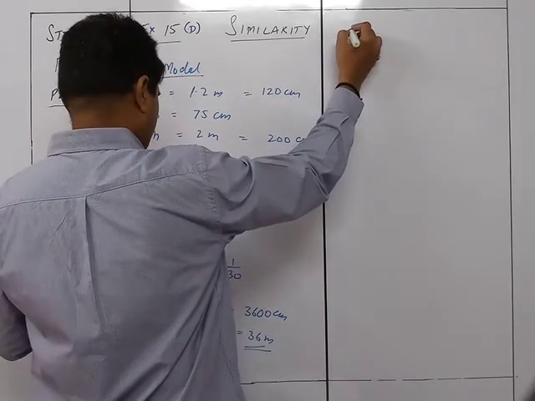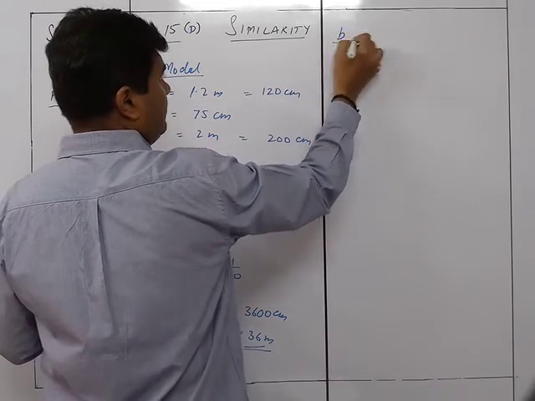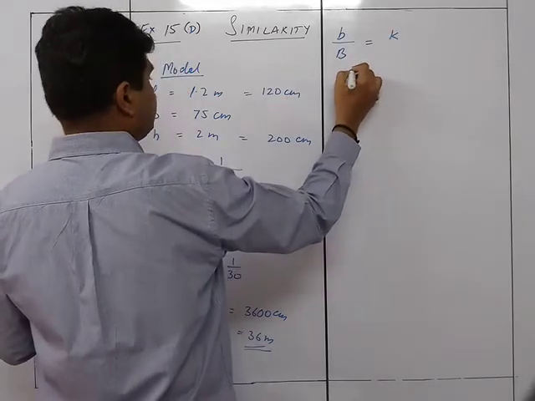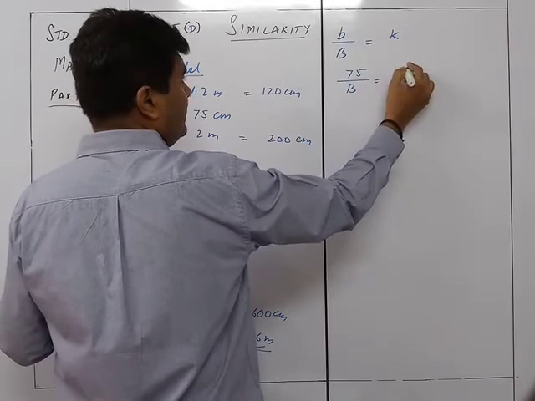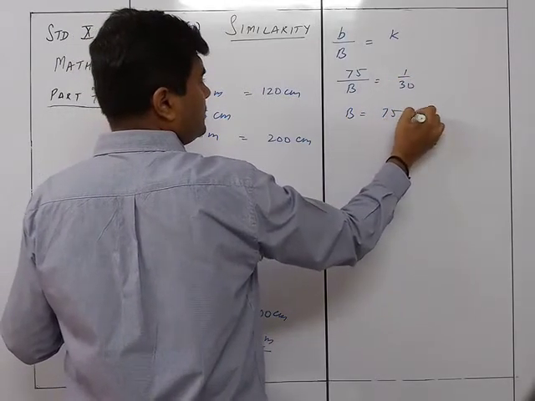Similarly for breadth, we know that breadth of model upon breadth of actual is equal to K. So 75 upon B is equal to 1 upon 30. So B is equal to 75 into 30.